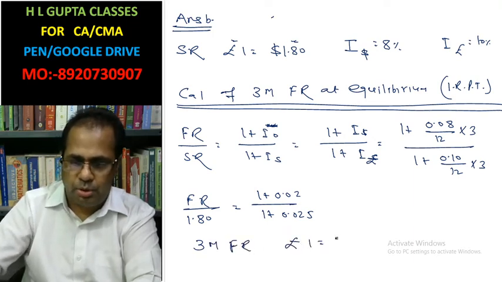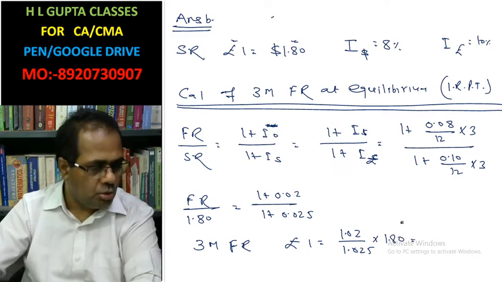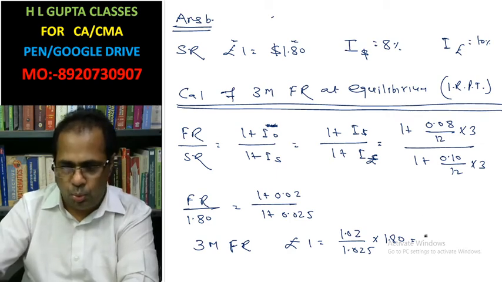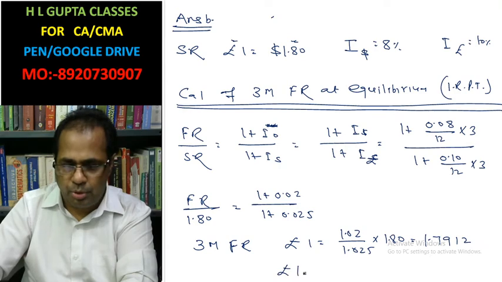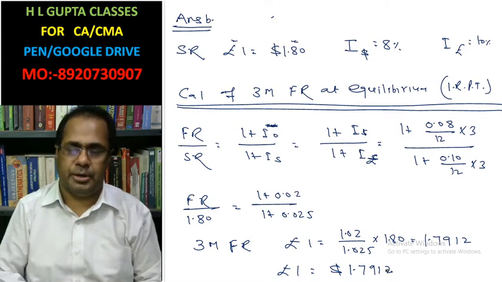Pound 1 equals 1.02 over 1.025 into 1.80, that equals 1.7912. That equals pound 1 equal to dollar 1.7912. This is the 3-month forward.